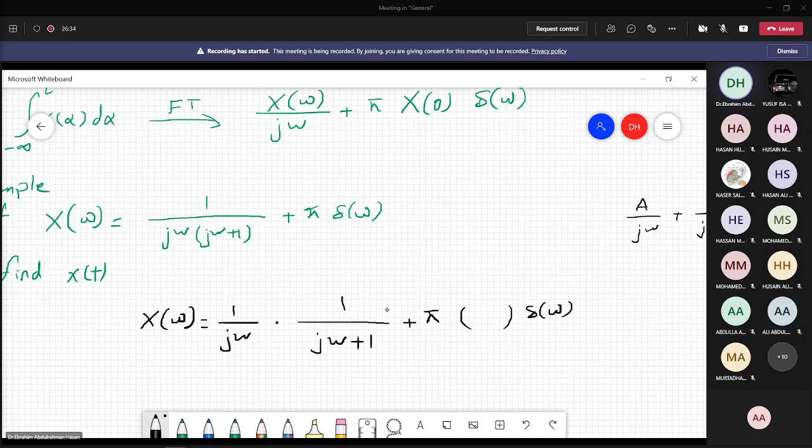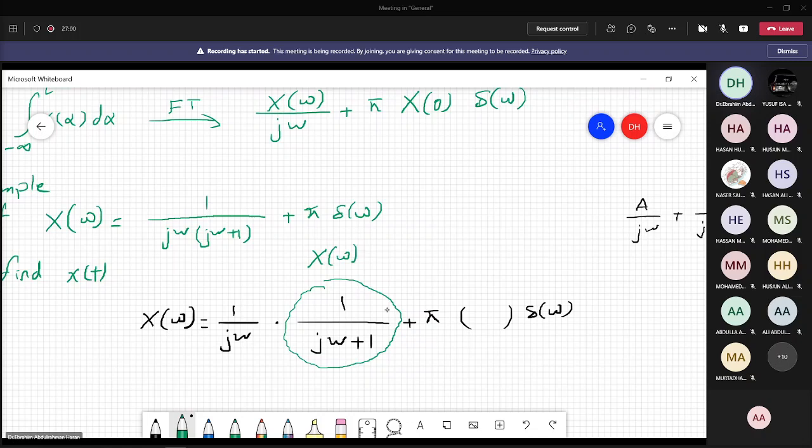What is left? X at 0. So X at 0, as we said, evaluate X of omega at 0. Notice this is 1 over j omega, meaning this one is X of omega.